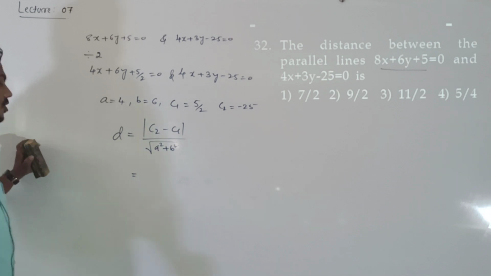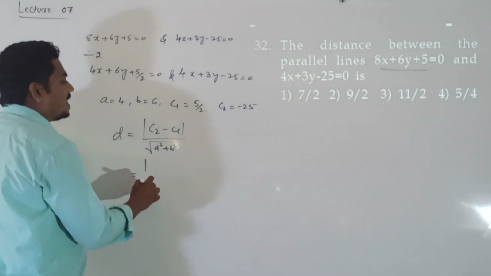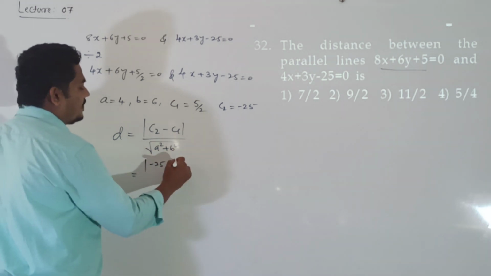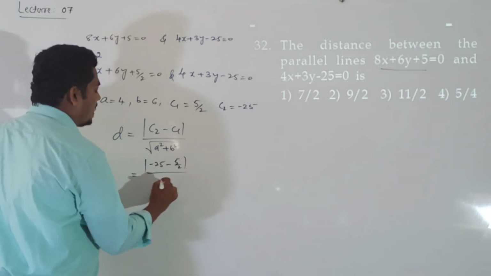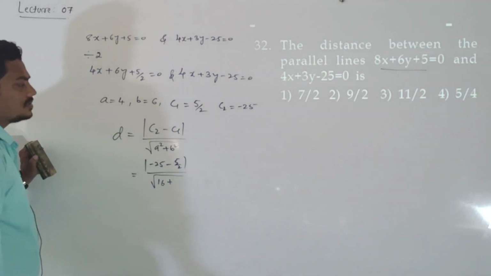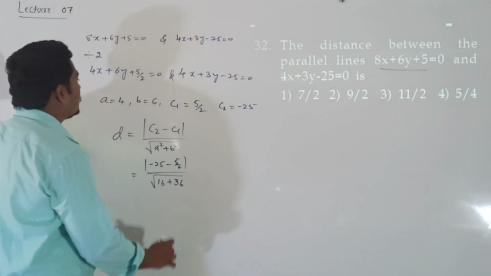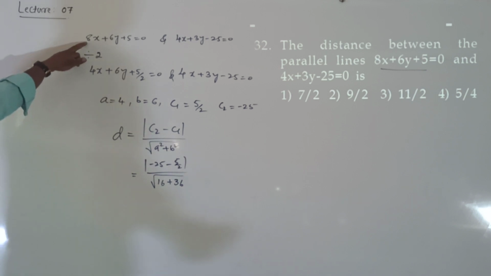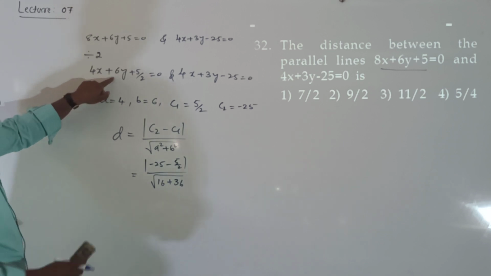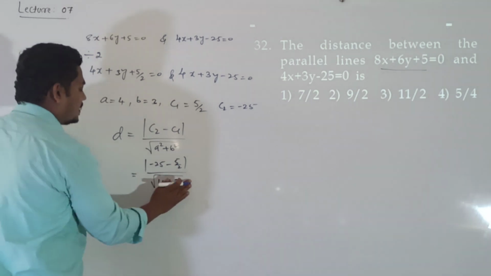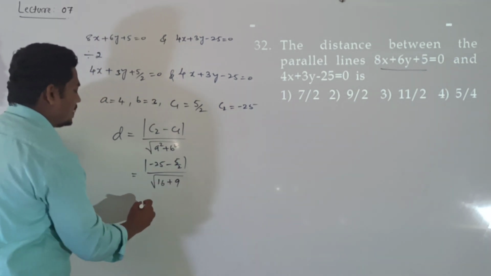That's equal to modulus of c2 value minus 25 minus c1 value 5 by 2, divided by square root of a square plus b square, that is 16 plus 9. Sorry, after dividing by 2 it is 4x plus 3y, so 3 squared is 9.